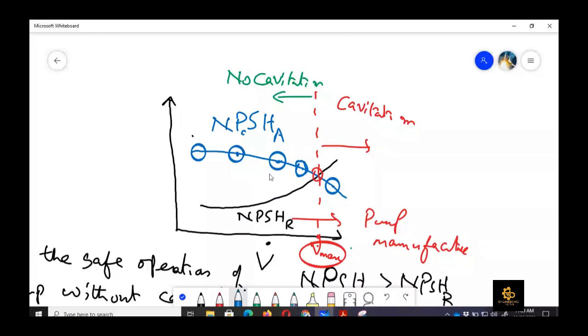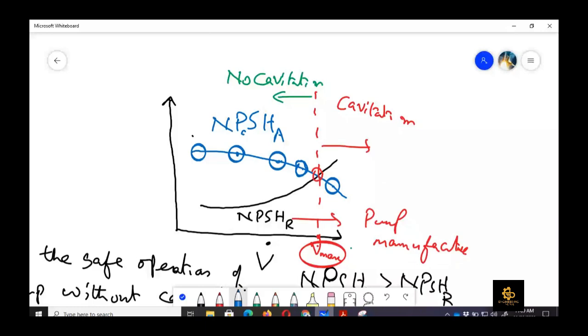So we can change that value to 600, 800, 200, 1000, and then we can construct this blue curve. Once we get this blue curve, we can find the intersection point between this black line and blue line, which is the maximum volume flow rate without cavitation. So that is something which is shown here.